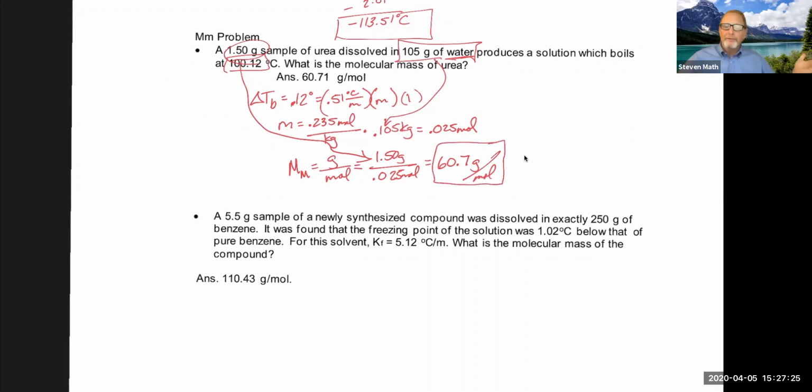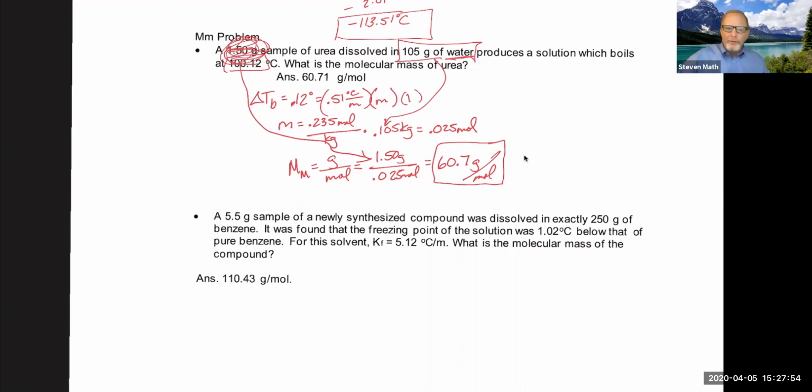That's my molar mass. We're done. You use the change in temperature to calculate the molality. You multiply that by the kilograms of solvent. That gives me moles. And then I divide the mass given to me in the problem, the 1.5, by the moles that I calculated, and I get a molar mass.